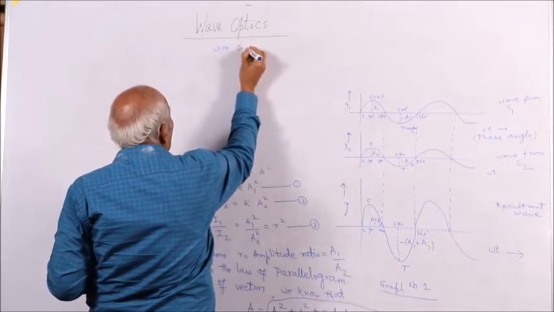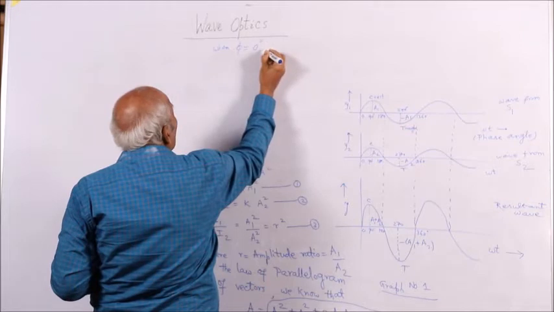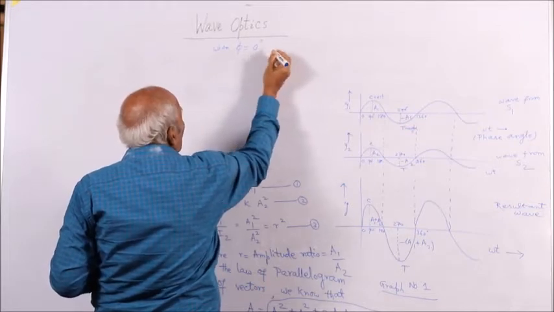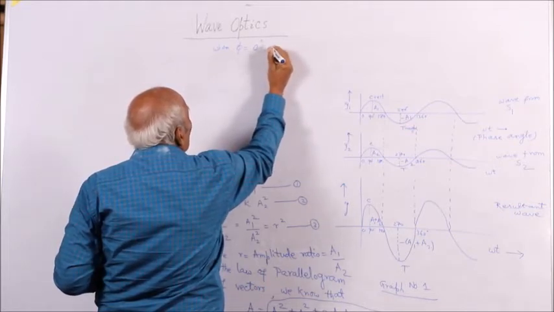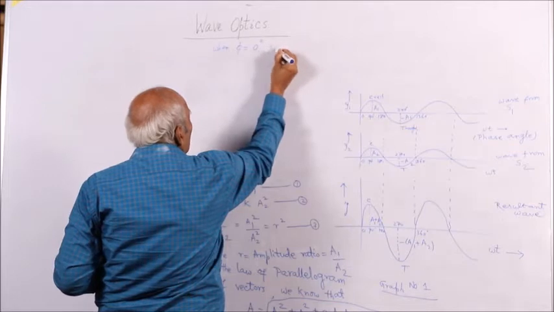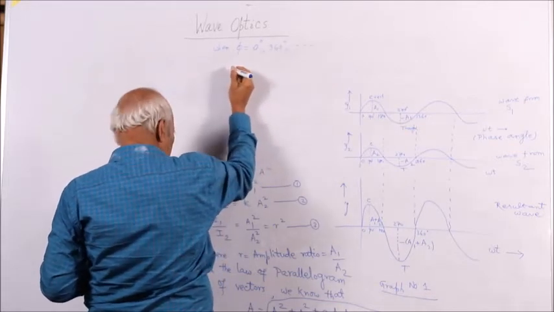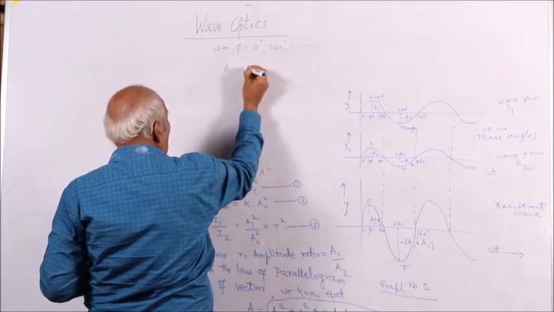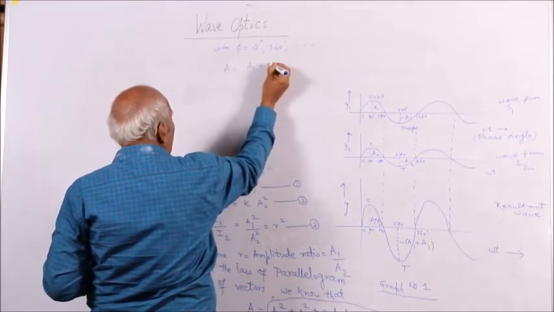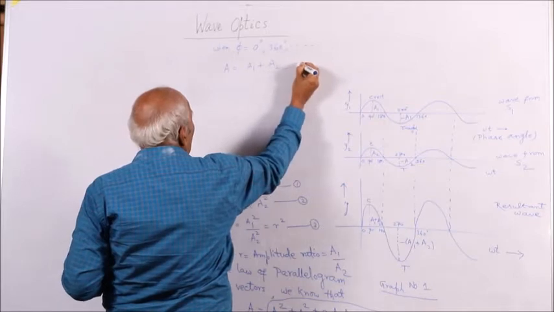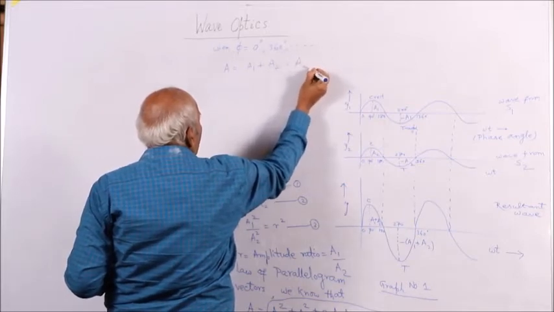When phi is equal to 0, or you can say 0, 2 pi, 360 degree also it is possible, A is equal to A1 plus A2 is equal to A max.